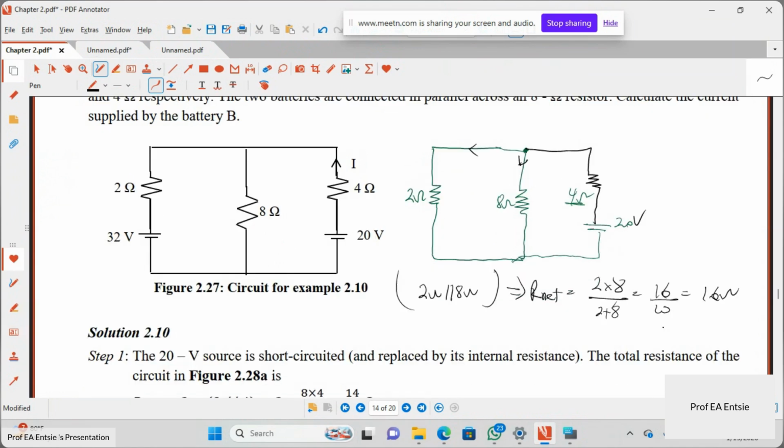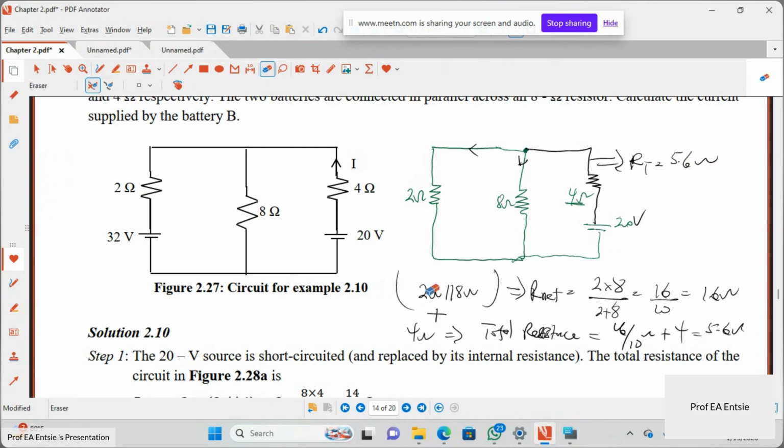This 1.6 will be in series with 4 ohms, which implies that the total resistance in the circuit when I short circuit the 32 volts is 1.6 plus 4, which is 5.6 ohms. So the total resistance, RT, is 5.6 ohms.